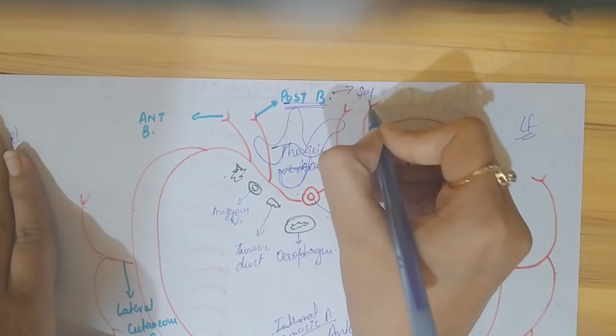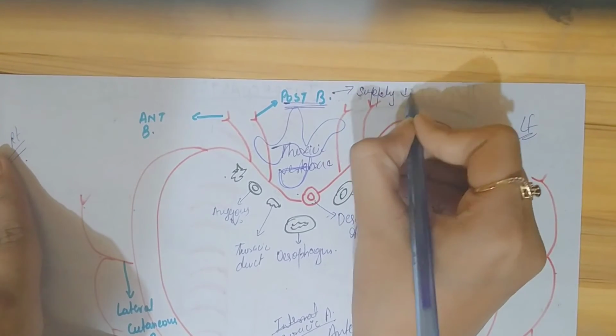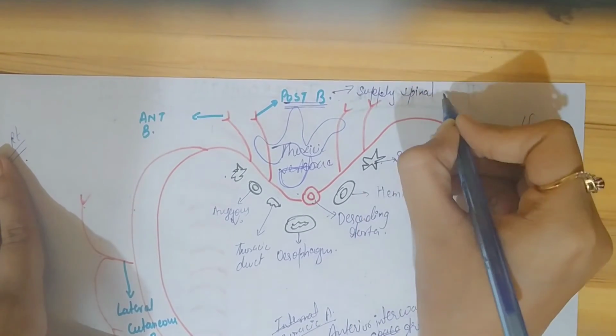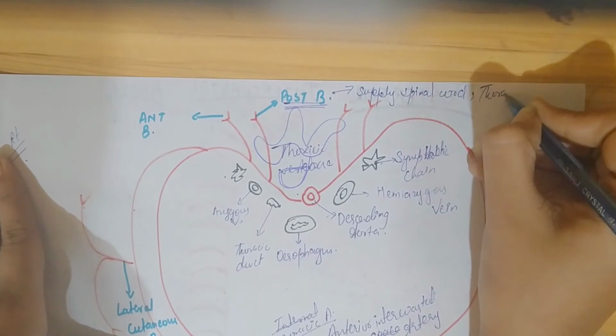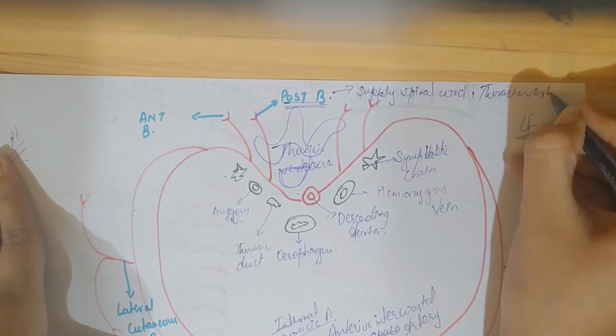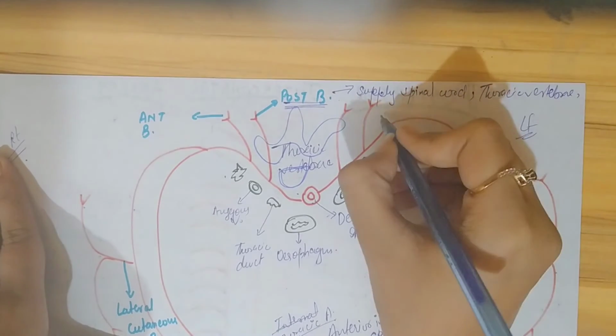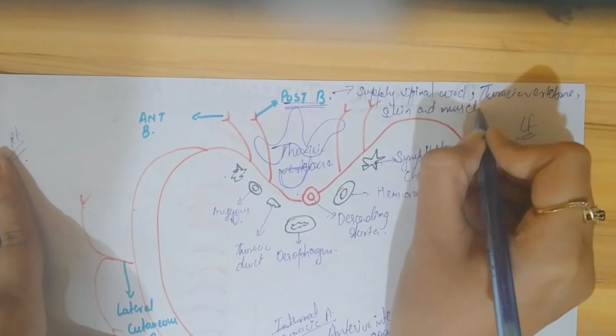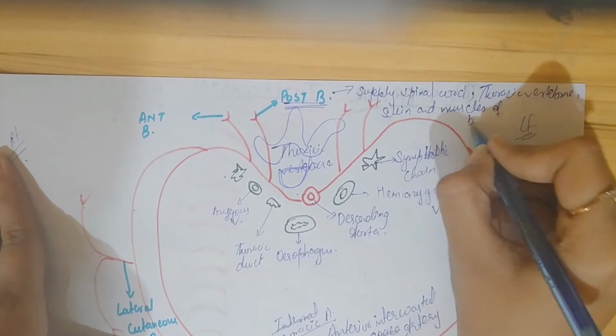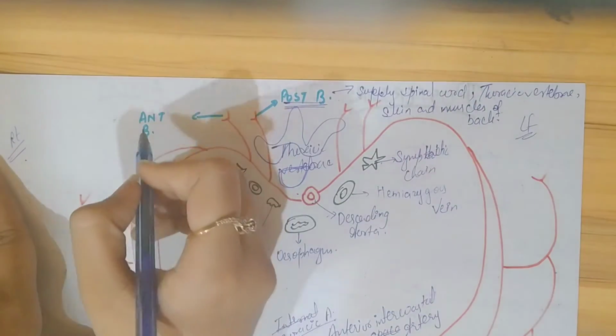So it will supply the spinal cord, then the thoracic vertebra, skin and muscles of the back.